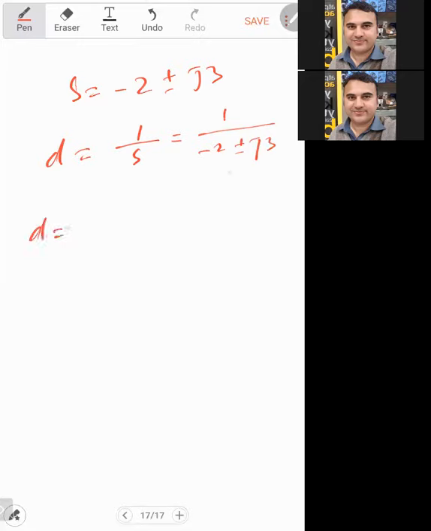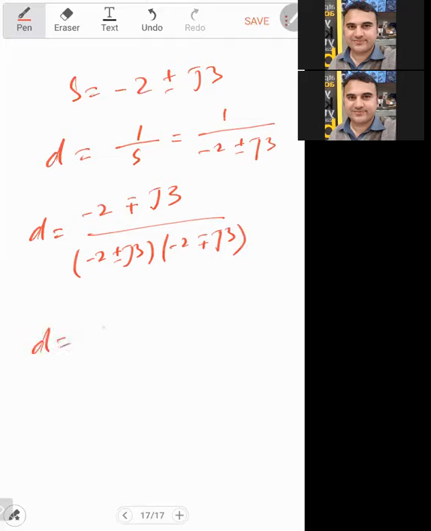You can multiply and divide by the complex conjugate term, which is -2 minus plus j3, divided by -2 plus minus j3 multiplied by -2 minus plus j3.